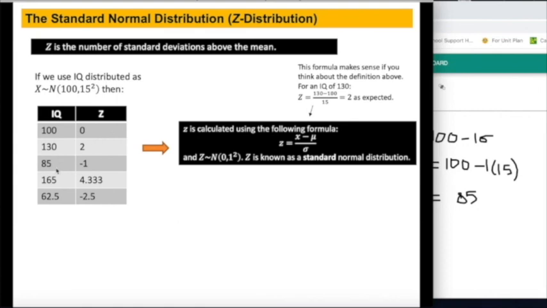If the IQ score, or x, is equal to 85, it means minus 1 standard deviation away from the mean, 100. So that's the meaning of z-score: how far away the score, or x, is from the mean.